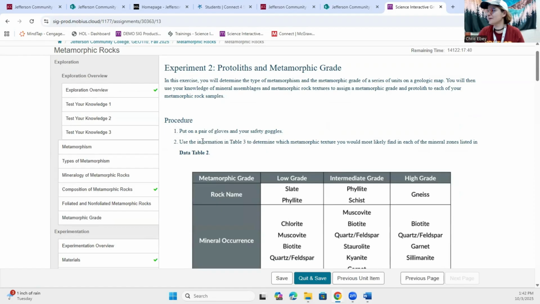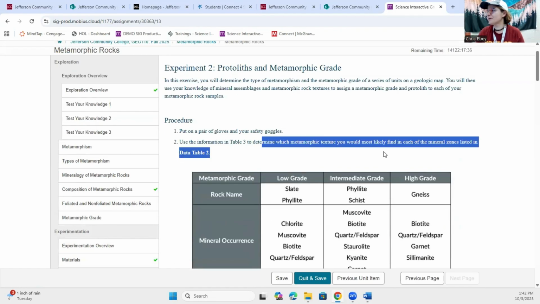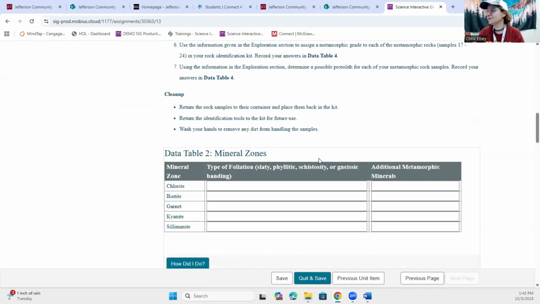Use the table information in table 3 to determine which metamorphic texture you would find most likely in each of the mineral zones listed in data table 2. Here's data table 2. So these are the mineral zones.